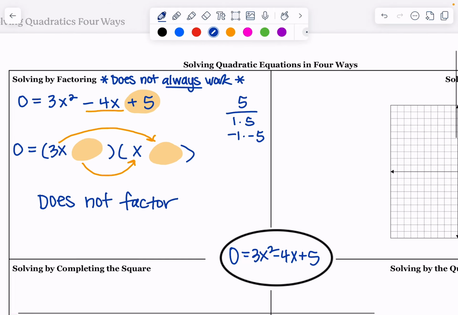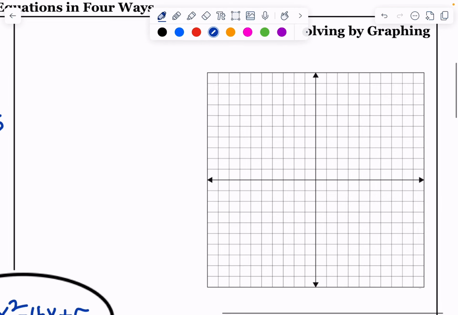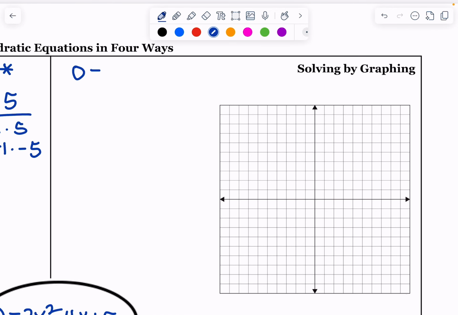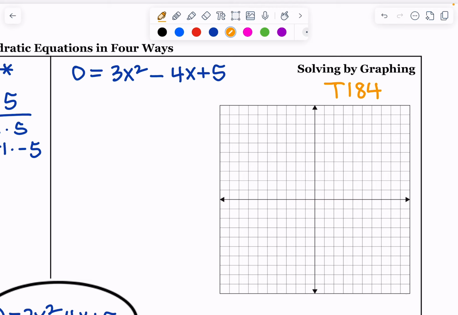Okay, so if we consider graphing, let's copy over our equation. 0 equals 3x squared minus 4x plus 5. I would highly suggest using a TI-84 calculator, especially on this equation, which we'll see soon.